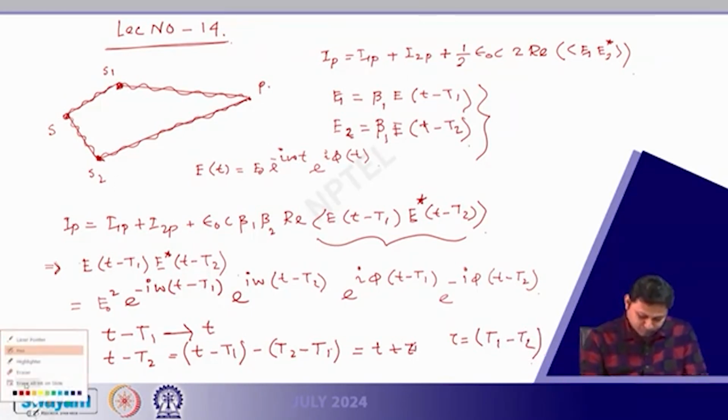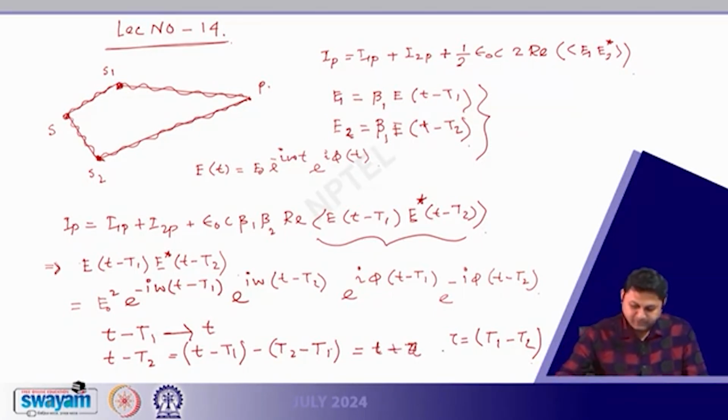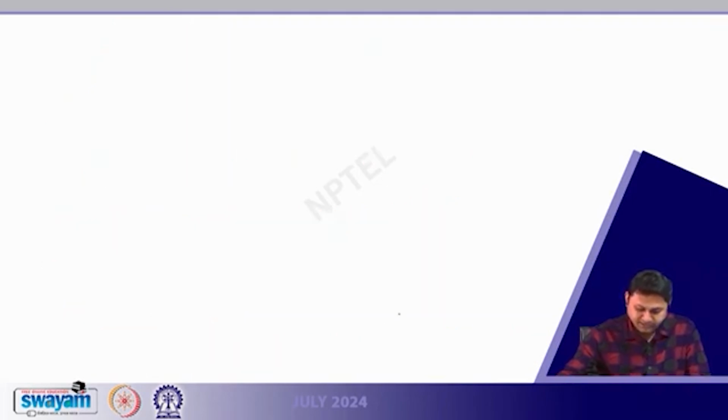Let me erase this completely. So this is t plus tau. Okay, with this new notation, I can have a new rescaling factor.